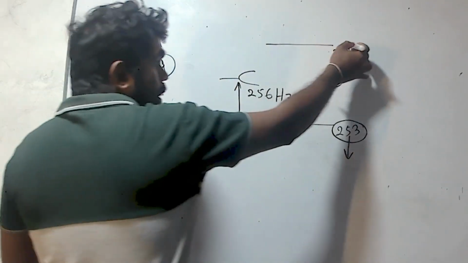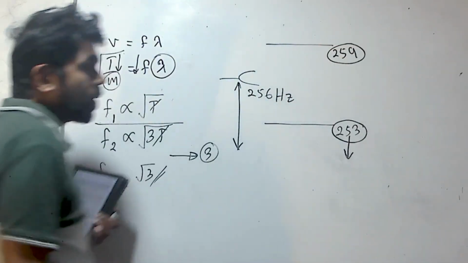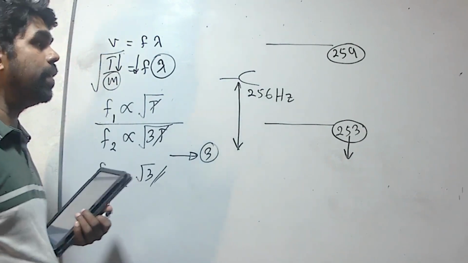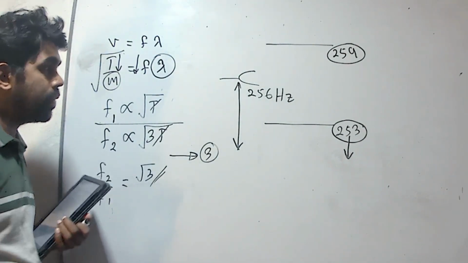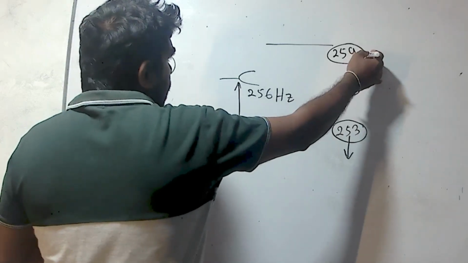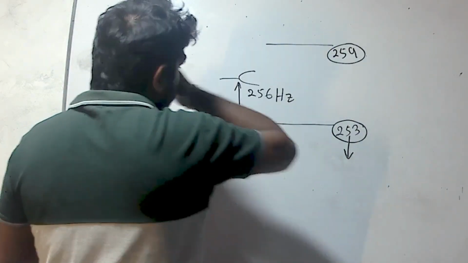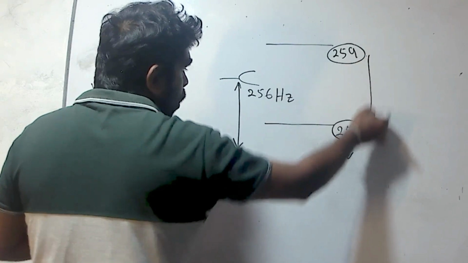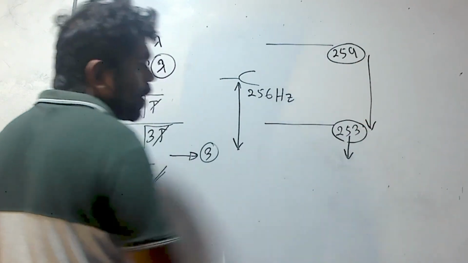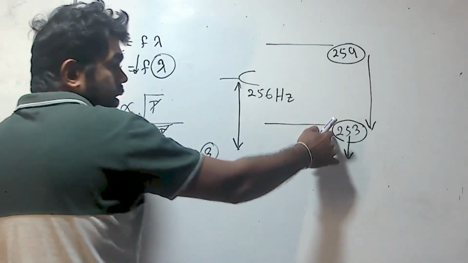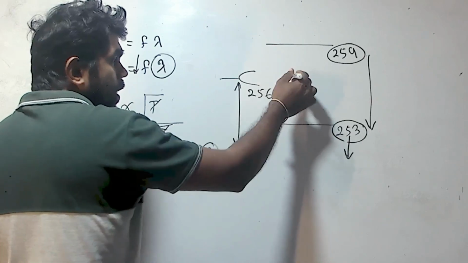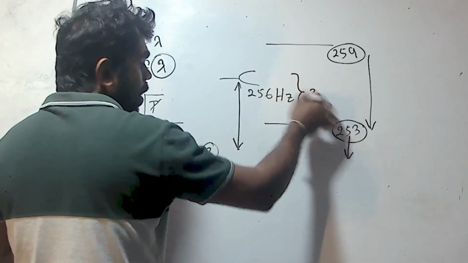But if the initial value of the wire is 259, then decreasing frequency, we can obtain 253. Then again we can get the difference as 3.